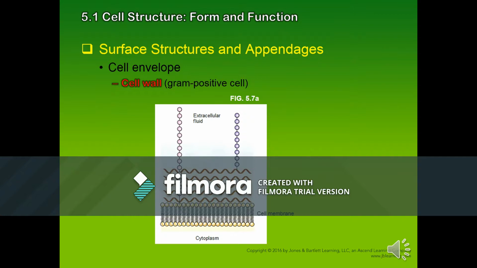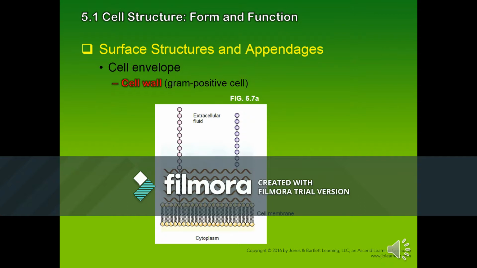Okay, so we have one part, the cell membrane, which is a phospholipid, so lipid tails with phosphate groups. Then these layers here are the peptidoglycan shell, and what you'll notice is that in a gram-positive, this is a very thick layer.